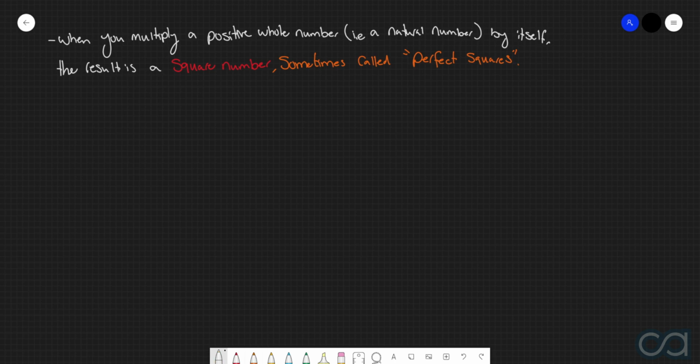Or in other words, another way that you can think of the definition of a square number is that a square number is a number that is produced by multiplying a natural number by itself.